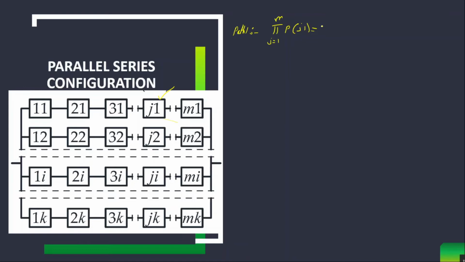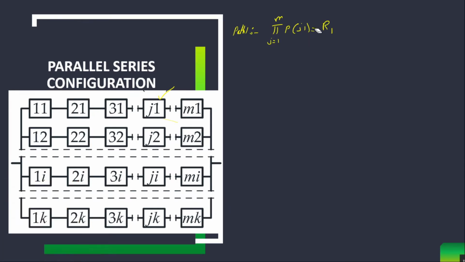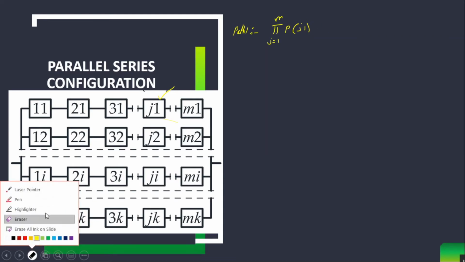We can write it as r1, where r1 means the first path. So now you can see that this one is the probability of survival of the first parallel path.